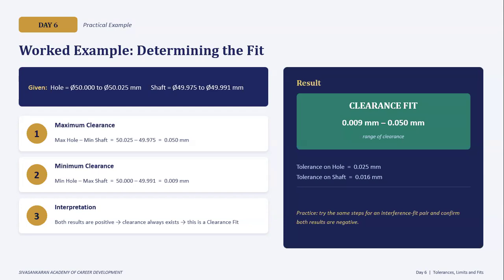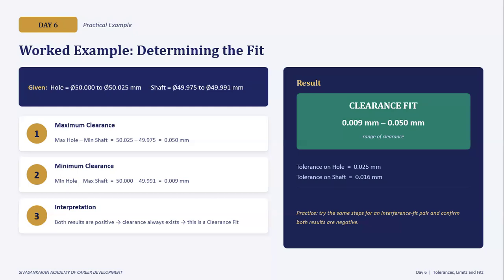For this problem, we have to determine the exact fit required, to find out the clearance between the hole and the shaft. First, we have to examine which type of fit is needed and how much clearance there is between the hole and the shaft.